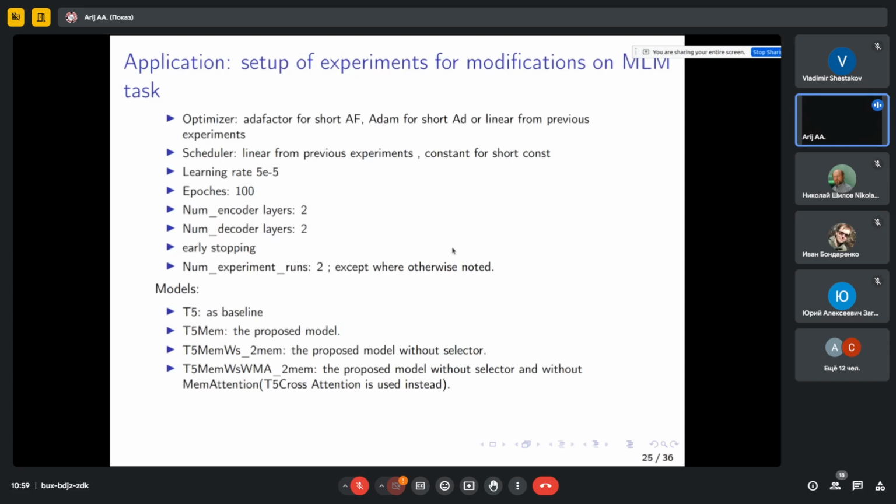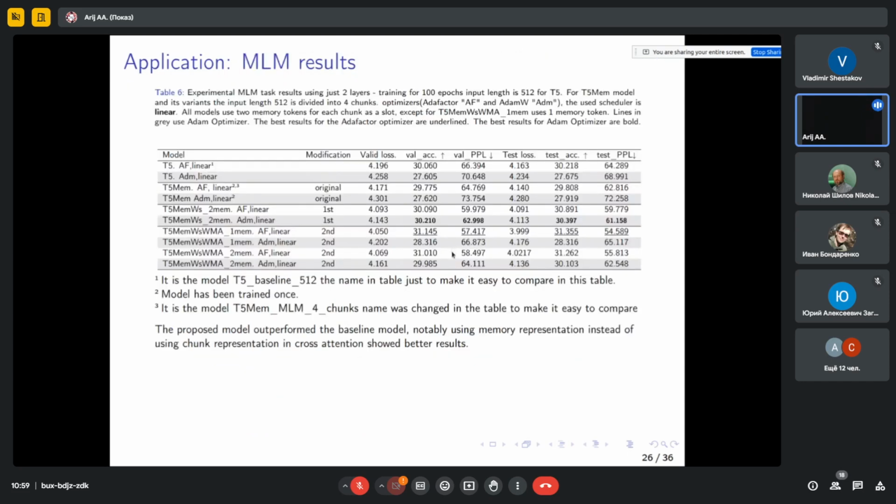I tried to pre-train the model again on the previous task, masked language modeling. And as we can see here, the proposed model and all its modifications resulted in better results than the baseline concerning perplexity and accuracy.